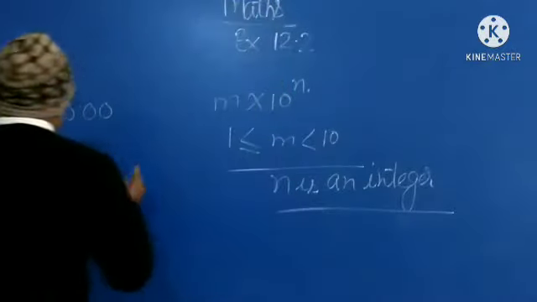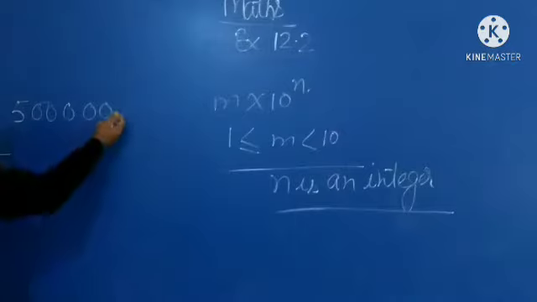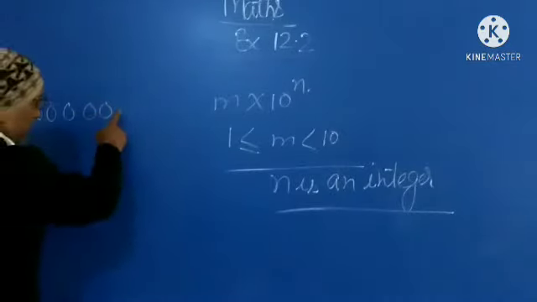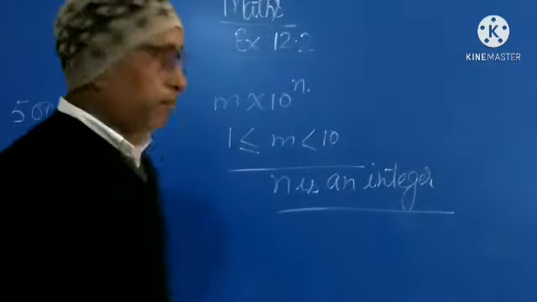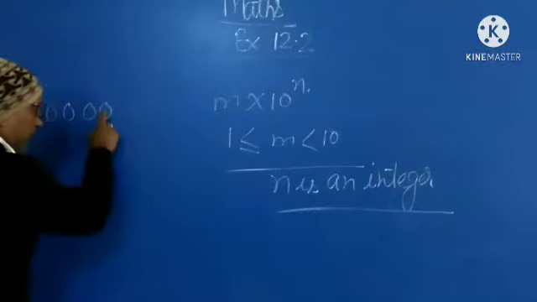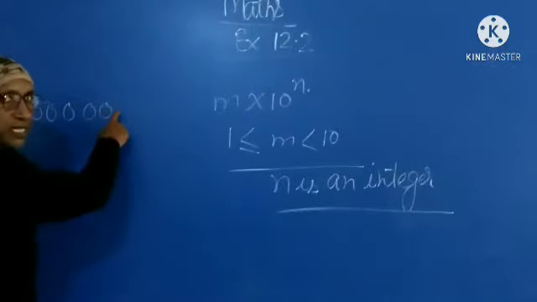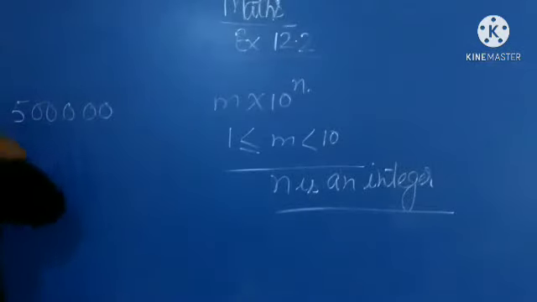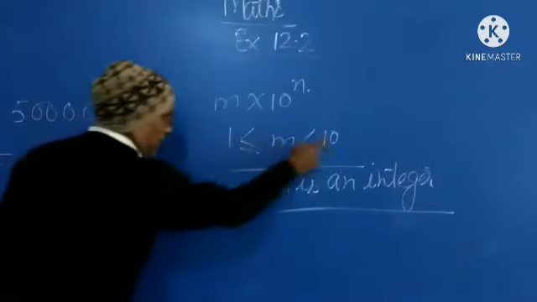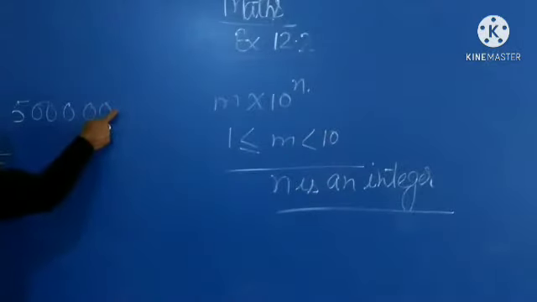Here the decimal place is after the ones place. You shift this decimal place to make the decimal number lie between 1 and 10.